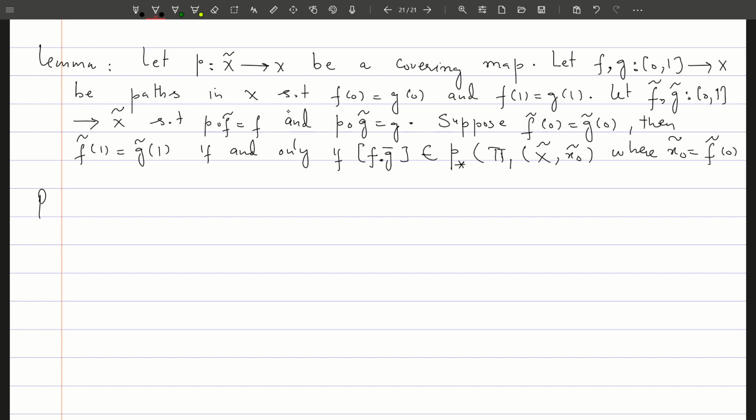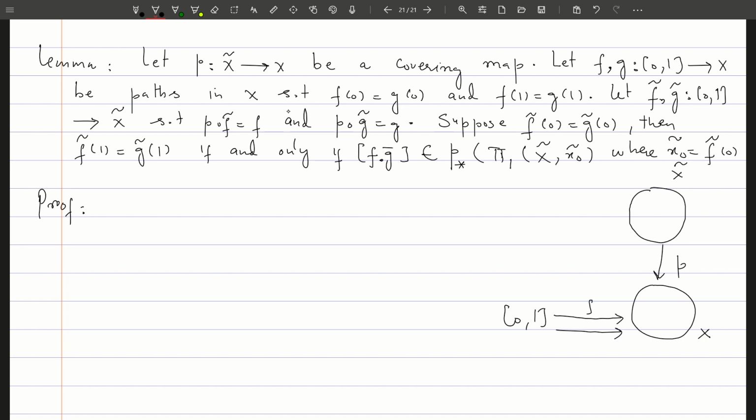So let us prove this. What we are given: we have the space X tilde here and the space X here. This is the covering map p. Here we have the interval [0,1], and from [0,1] to X we have two maps.